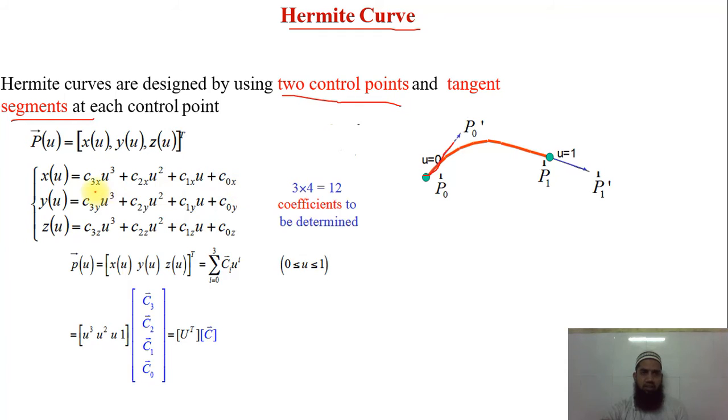This is the formula, and you must know it in the form of x of u, y of u, and the same for z of u. 3 into 4, that is 12 elements, so 12 coefficients are to be determined. There are 3 equations, written in the form of a matrix, in the usual way. The value of u ranges from 0 to 1.